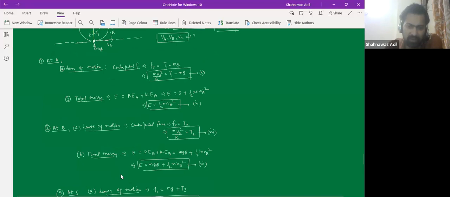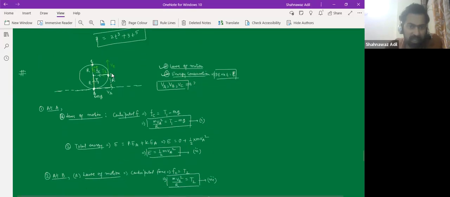And there is one more thing you have to remember: if we cannot neglect the tensions, right? If we write the tensions, what did we find out? T1 is mVA squared by R plus mg.